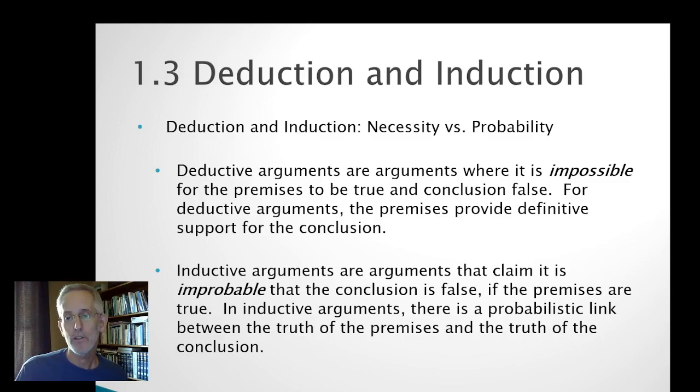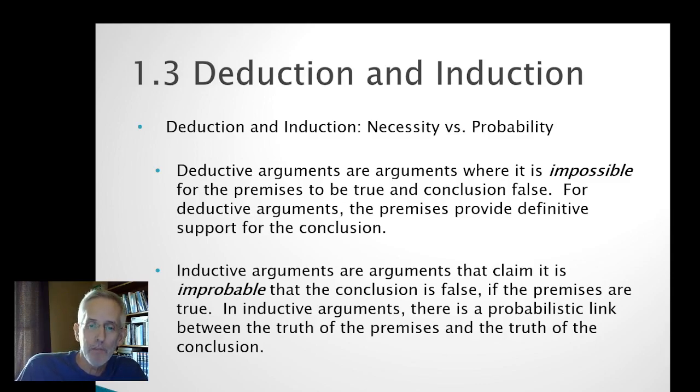But if they are constructed correctly, and we'll talk about what correctly means later in this presentation, the conclusion follows with absolute necessity. There's no way that if the premises are true in a correctly constructed deductive argument, the conclusion could ever come out false. Deductive arguments are sort of the ultimate argument. If they are done properly, you could never refute a deductive argument.